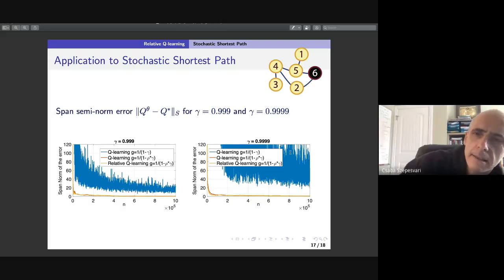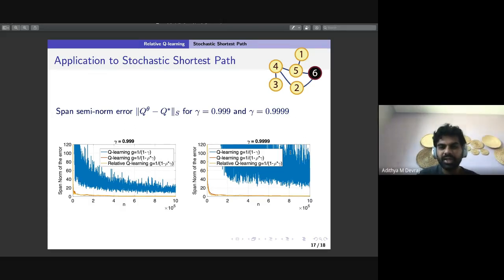Essentially, there's a relationship between learning the advantage function instead of the Q function, and learning the relative Q function over here. Yes, there is a very close connection between the two. I think it's the same idea. More generally, this is like using control variate techniques, which have been quite popular.